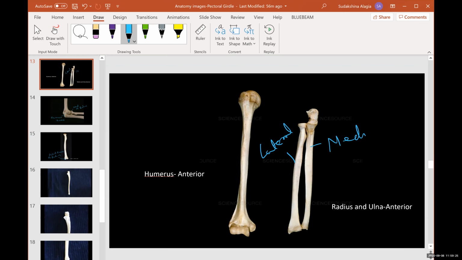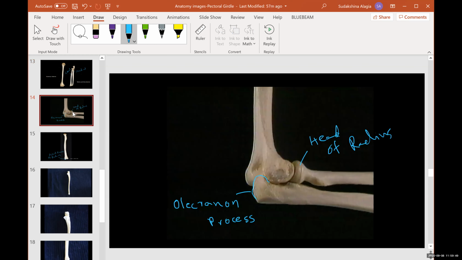Ulna is on the medial side. So in your forearm, from anatomical position, meaning your thumb protruded out, thumb laterally, radius is the lateral bone, ulna is the medial bone. Back of your elbow, basically when you touch the elbow, you are touching that olecranon process. You are touching this part.